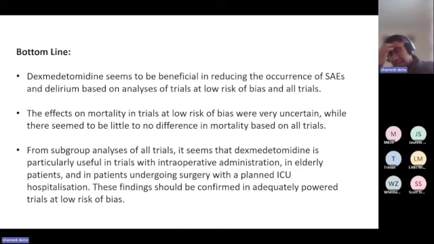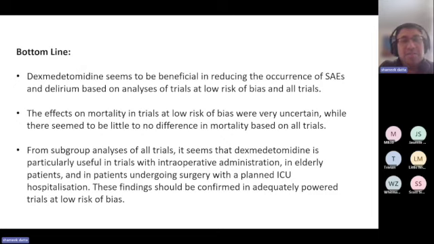So what I understood from this paper is that dexmedetomidine seems to be beneficial in reducing the occurrence of adverse effects and possibly delirium based on the trials which are at a low risk of bias. And if you consider all the trials, then the numbers really look good. However, the effects on mortality at low risk of bias were quite uncertain.